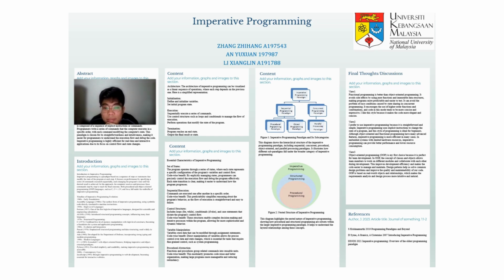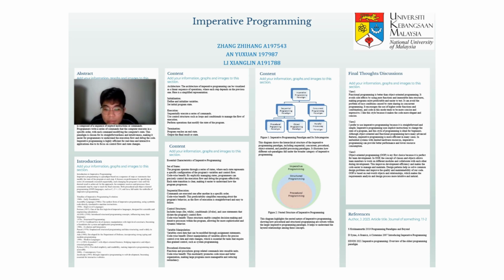Figure 1. This diagram shows the hierarchical structure of the imperative programming paradigm, including sequential, constraints, procedural, object-oriented, and parallel processing paradigms. It shows how different sub-paradigms fall under the broad category of imperative programming.